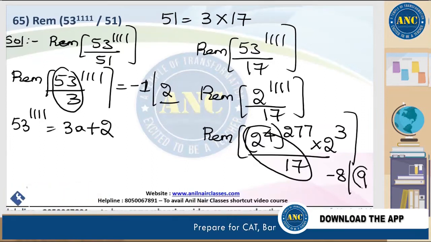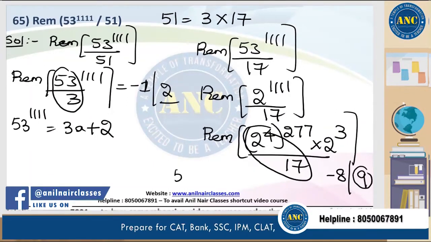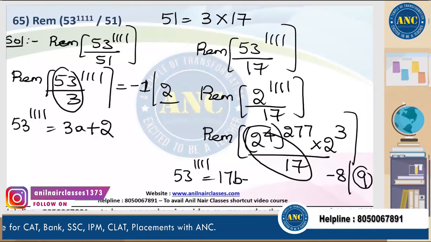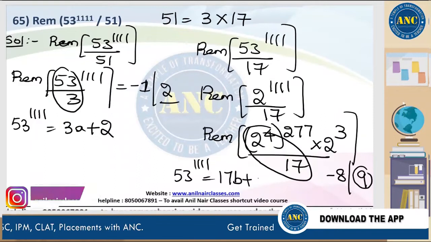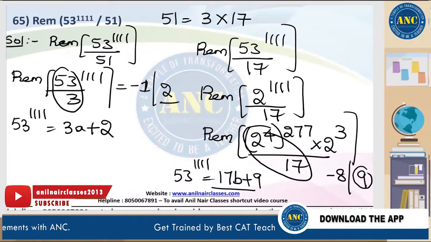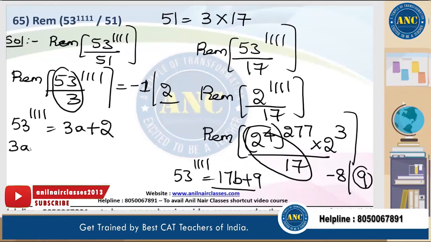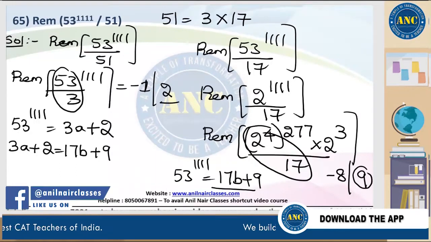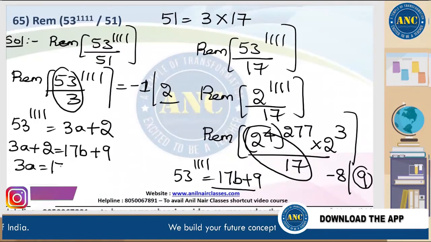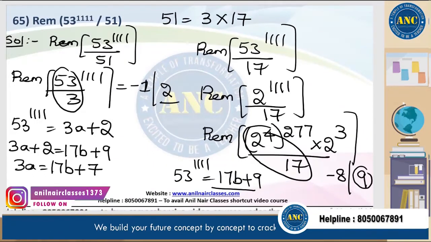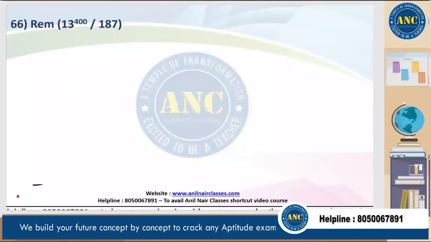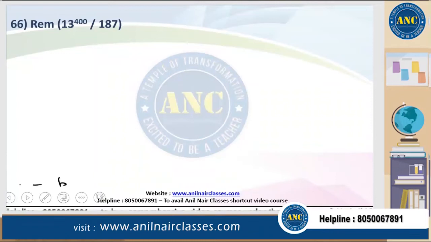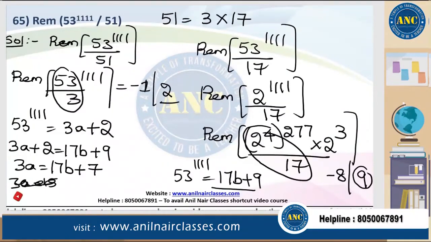Minus 8 means the positive remainder will be 9. So 53 power 11111 when divided by 17 gives a remainder 9. Both are the same, so equate. 3a plus 2 is equivalent to 17b plus 9. 3a is equivalent to 17b plus 7. 3a is equivalent to 15b, or I will do it here.